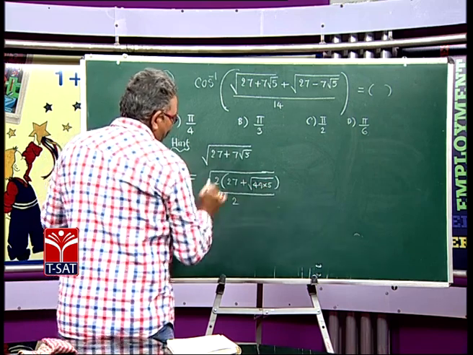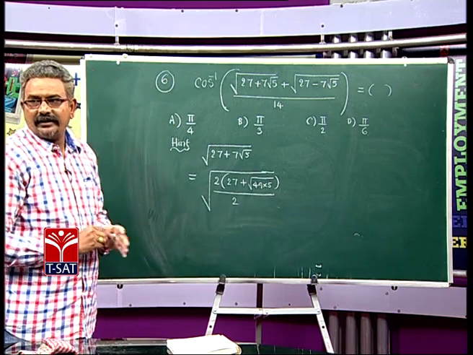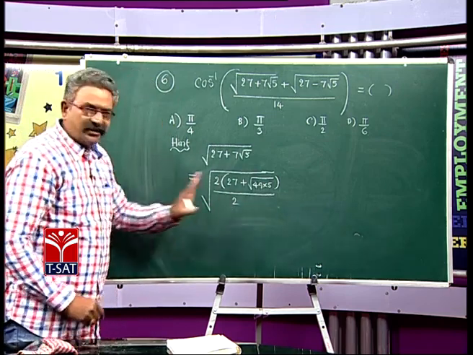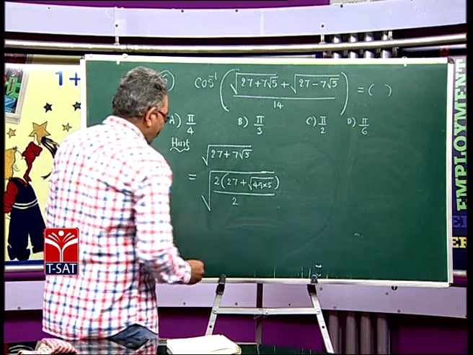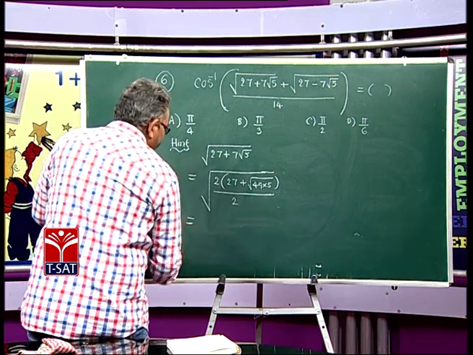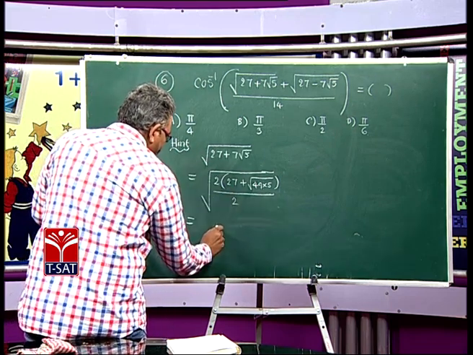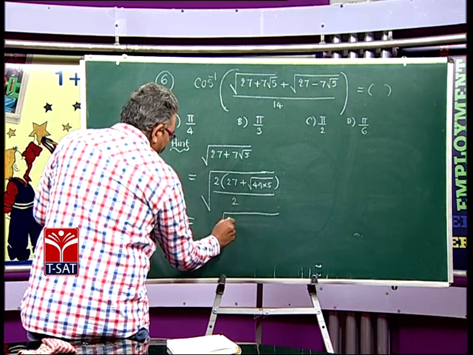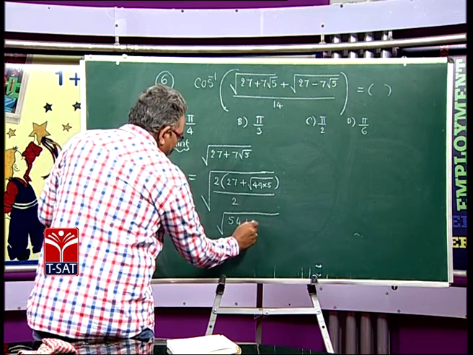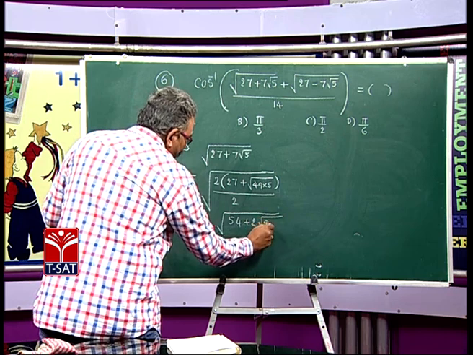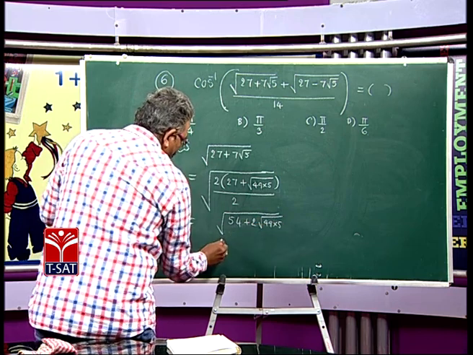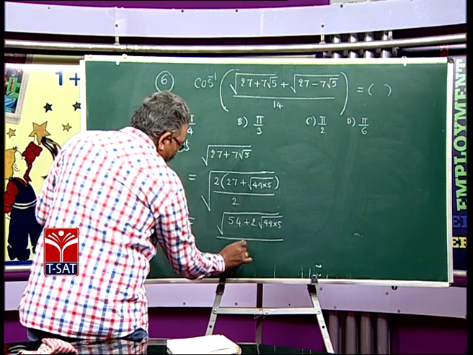Does it make any difference? I think no difference at all. Okay. Now this can be written as 2 into 27 is root 54 plus 2 root of 49 into 5 by root 2.